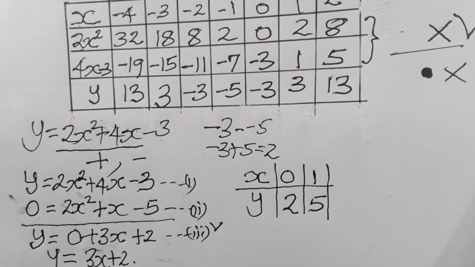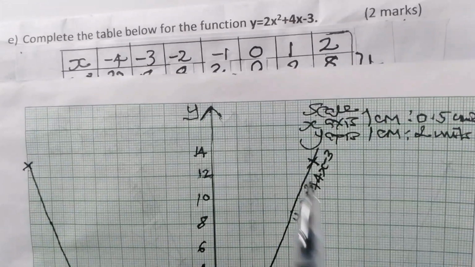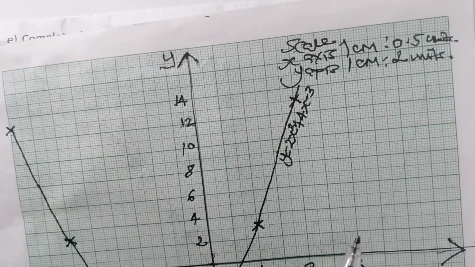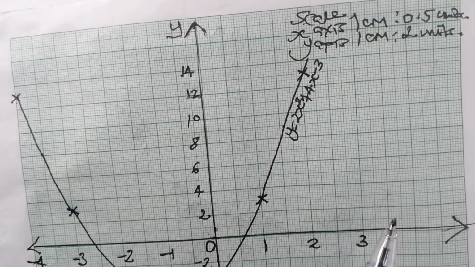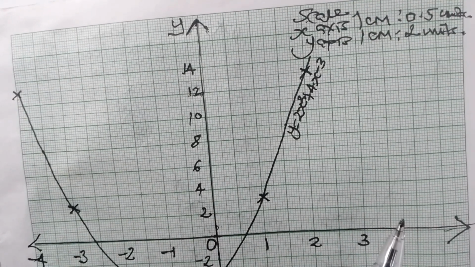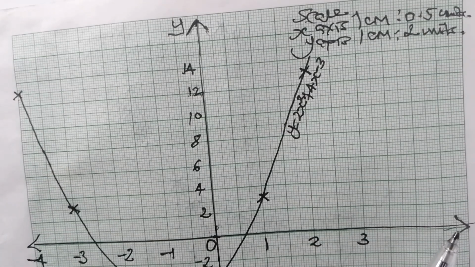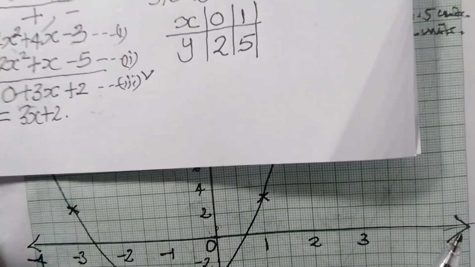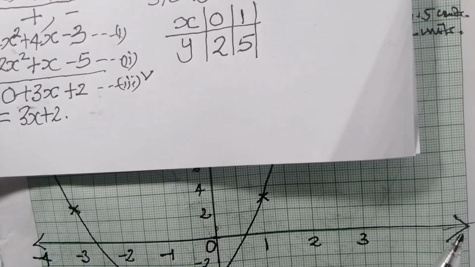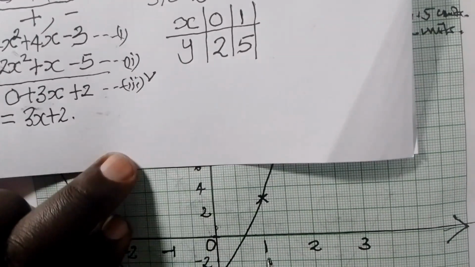We go back to our graph and plot those 2 coordinate points. We have said when x is equals to 0, y is equals to 2.